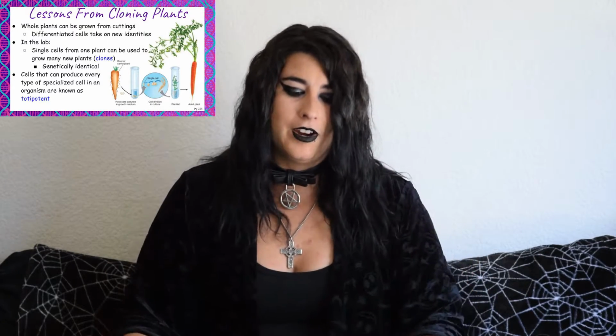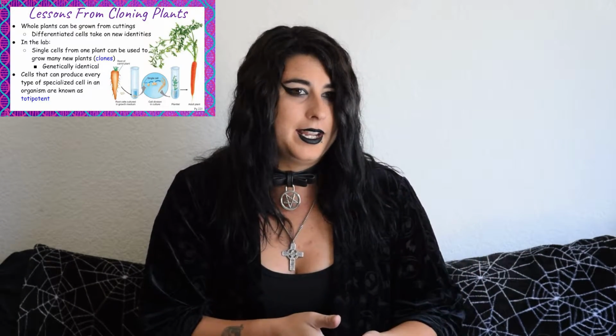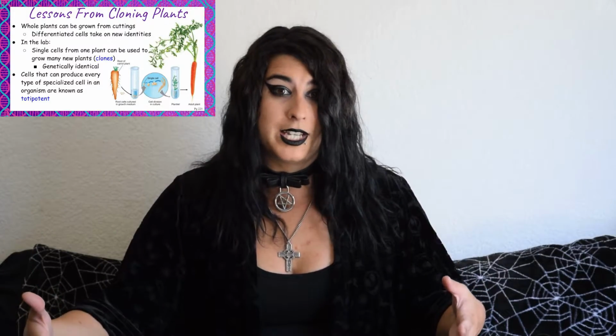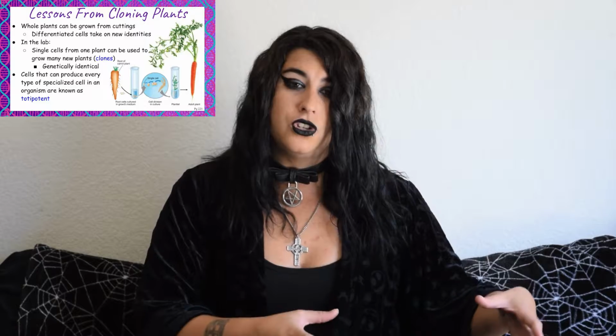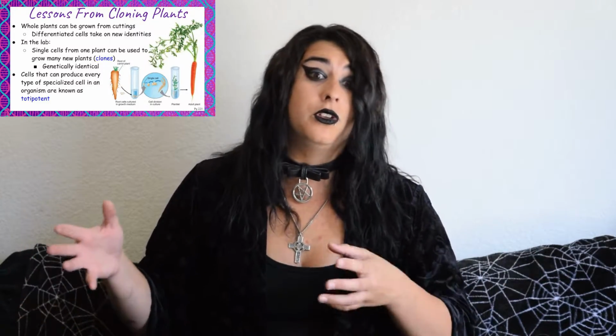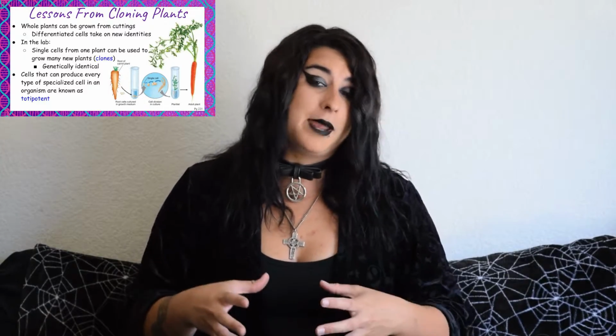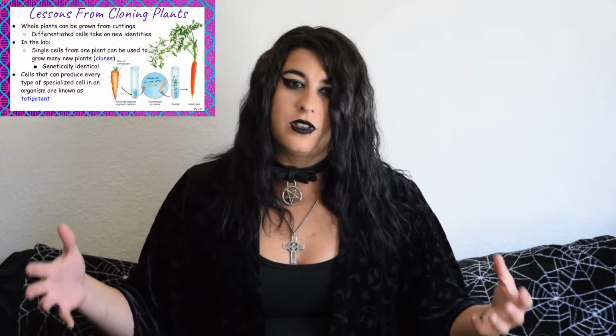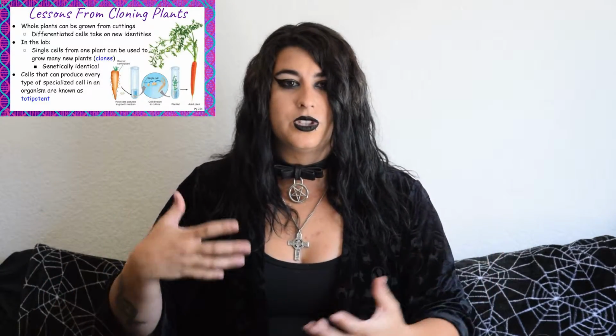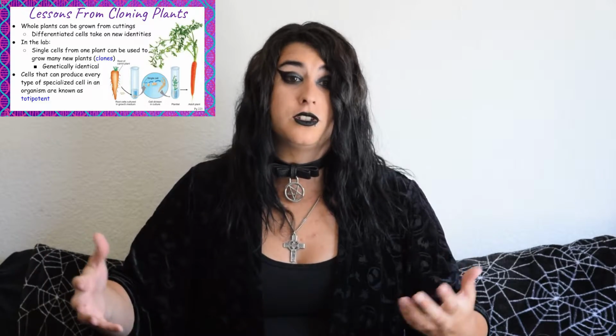So in the case of the carrot, the original carrot plant that gave up those root cells to then produce many new carrot plants, that's the donor, and all of the new plants are the clones. And cells that can produce every single type of specialized cell, so like what we're seeing here in the plants, the one that can go from differentiated to then ending up producing these single cells into the new fully formed plant are known as totipotent.